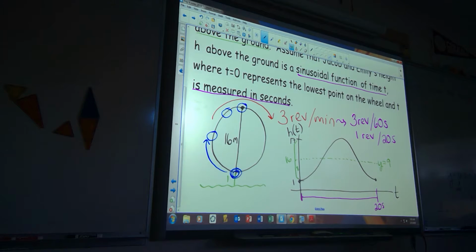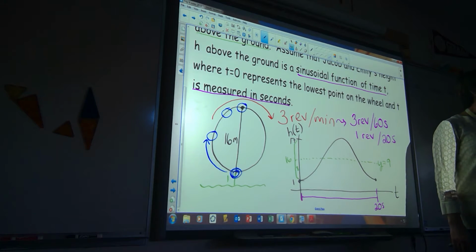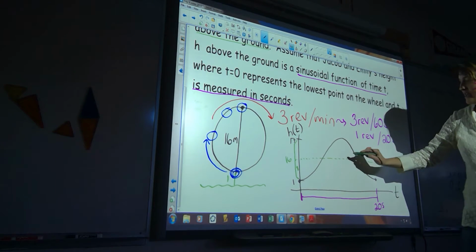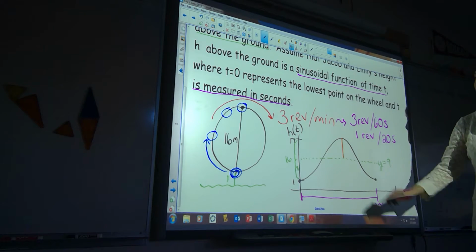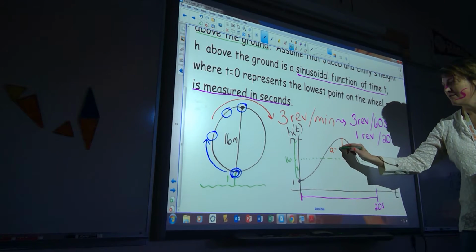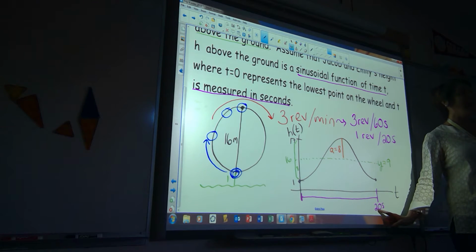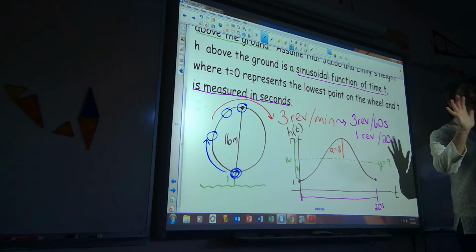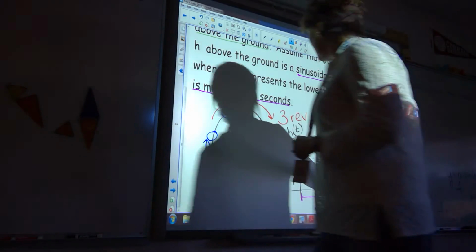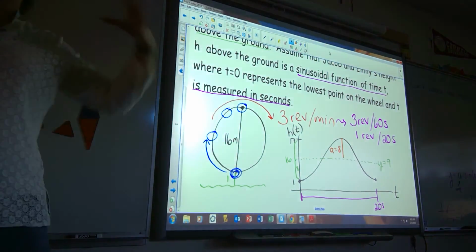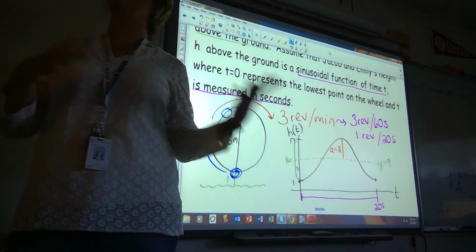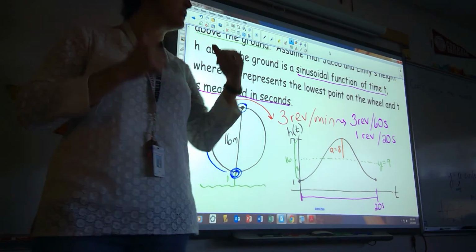All right, now I think we have everything that we need to write this equation. You can see here that we've got our amplitude. Our amplitude is 8. We've got our midline right here at 9. We've got our period length. We do need to use that equation to find B. So this is what you need to do: map out all the information, put it in the context of a curve.